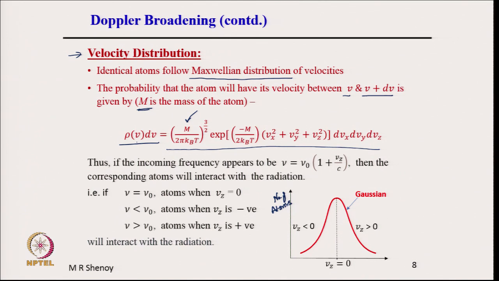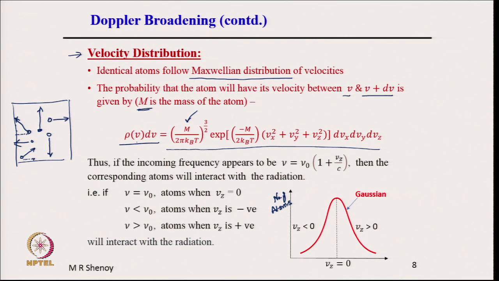There are atoms, if we consider this collection, which are moving in this direction, Vz equal to 0. There are atoms which are moving in this direction, Vz equal to 0. There are atoms which are moving in this direction, Vz is positive. There are atoms which are moving in this direction, Vz is negative. Atoms which are moving in this direction will have a Vz component here, which is negative. Atoms which are moving in this direction, Vz is this component, which is positive.